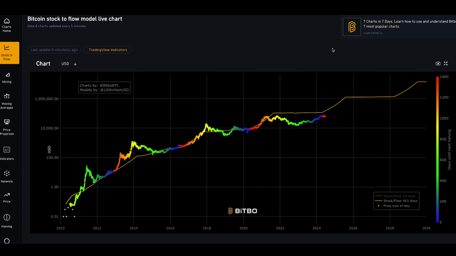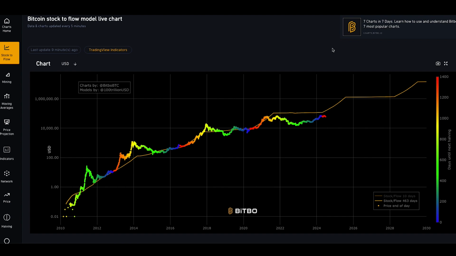The model calculates the stock to flow ratio by dividing the total supply of Bitcoins by the annual production of new Bitcoins. So the S2F ratio is used as a measure of scarcity, with higher ratios indicating higher scarcity. According to the S2F model, assets with higher scarcity tend to have higher value over time.